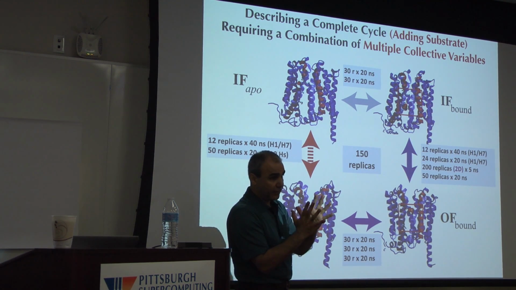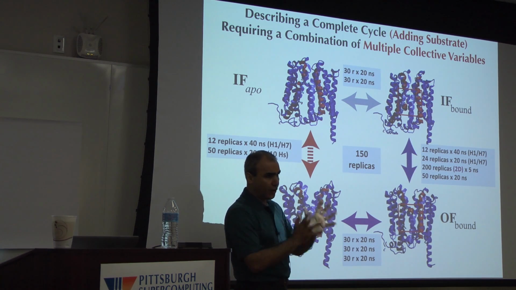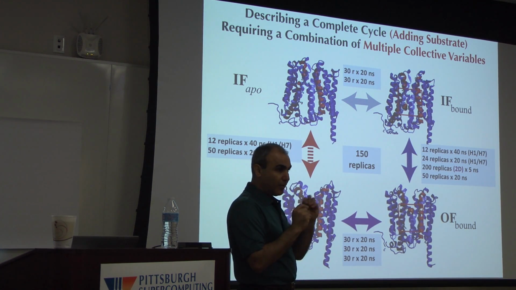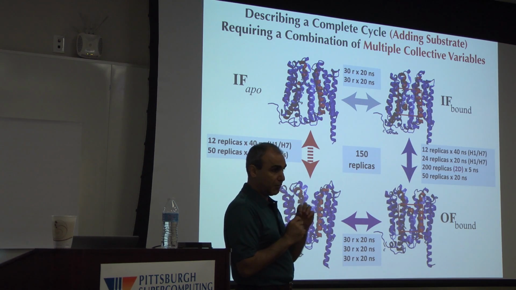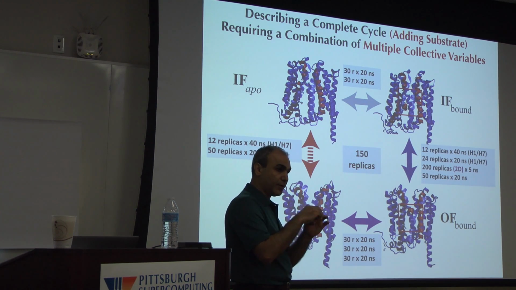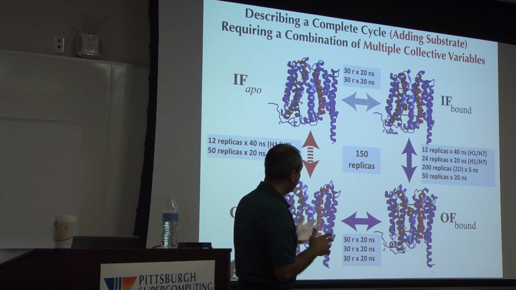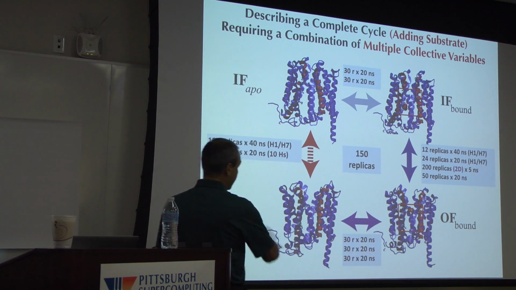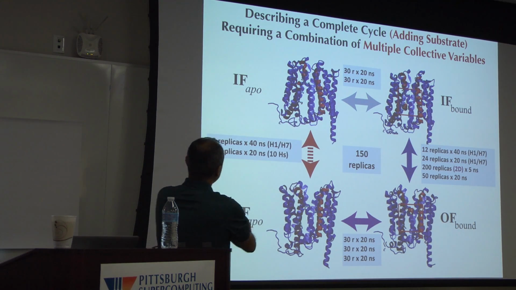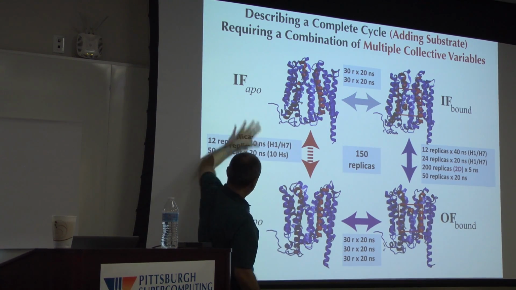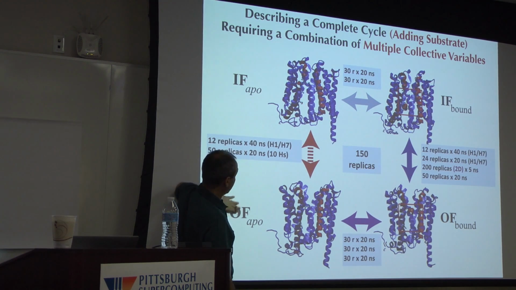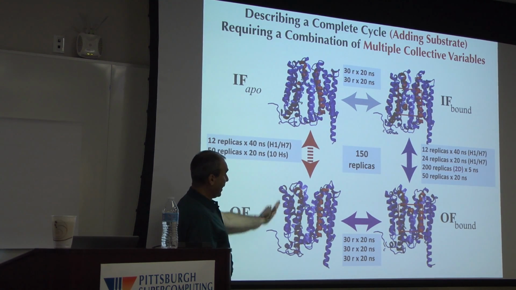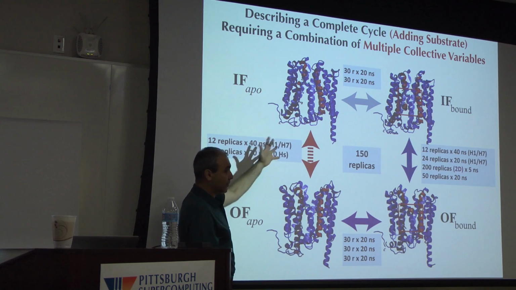If your pathway is wrong, if you're pushing it so hard through a wrong pathway, then you lose this sensitivity. One mutation or one substrate binding doesn't make any difference. So what we did was to break down our system. Let's say apo, inward facing, outward facing. That's one leg of the thermodynamic cycle I would like to look at.